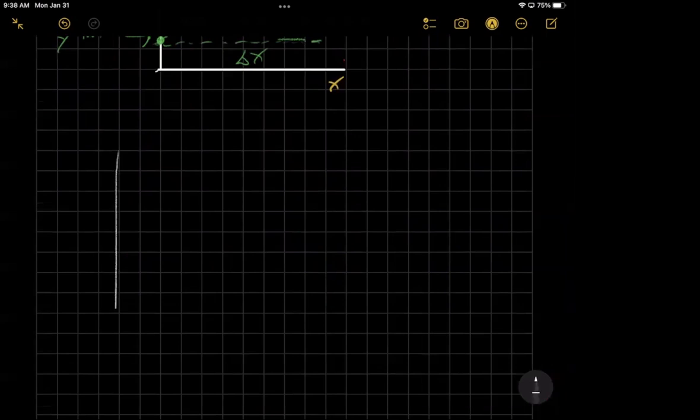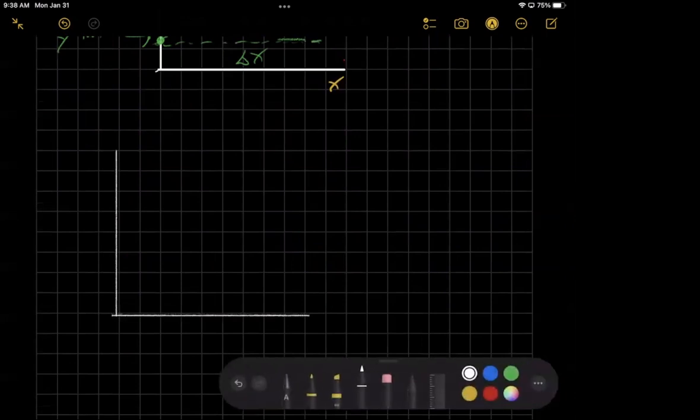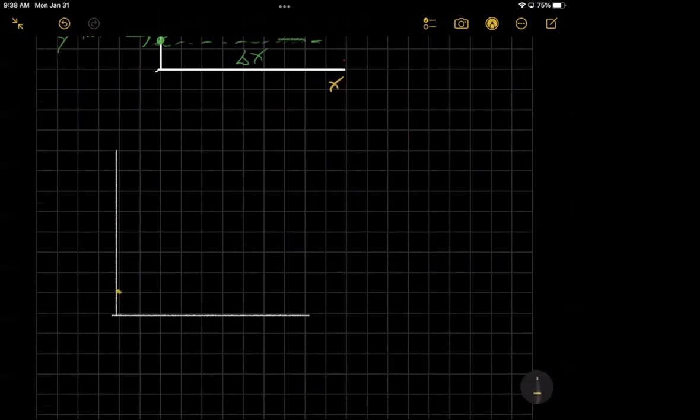So let me sketch a quick set of axes here, and pull out my yellow pencil. Often the data ends up doing something more like that, and when we look at that, it's clear we have data that's not linear.